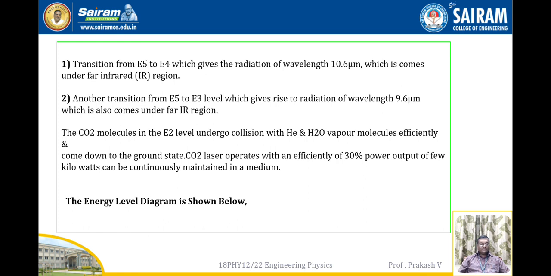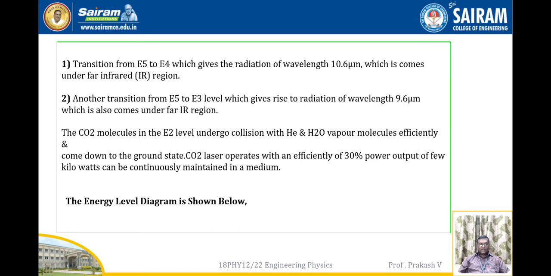Similarly, the transition from E5 to E3 level gives rise to radiation of wavelength 9.6 micrometer, which also comes under the far infrared region. The CO2 molecule in the E2 level undergoes collision with helium and water vapor molecules efficiently and comes down to the ground state.